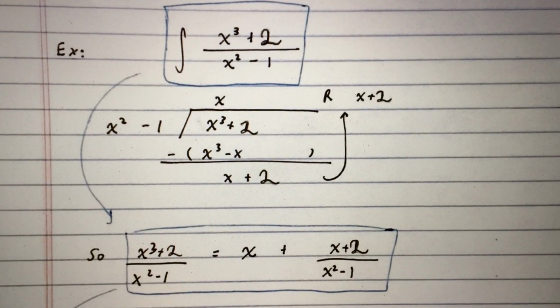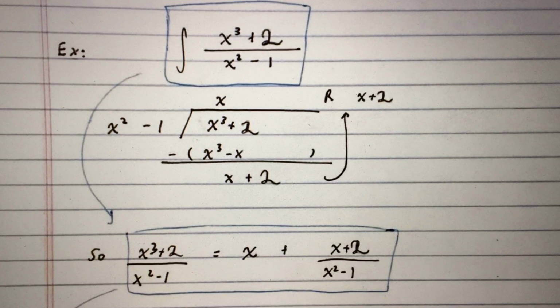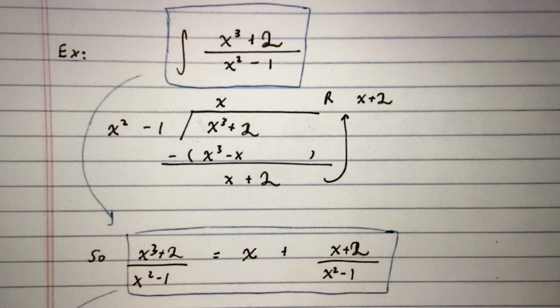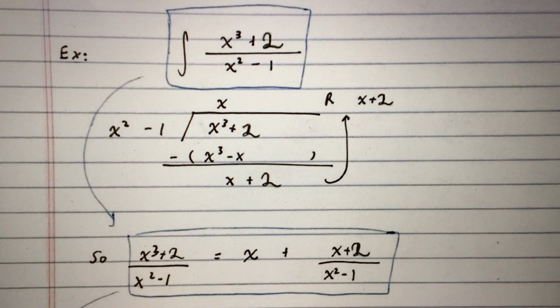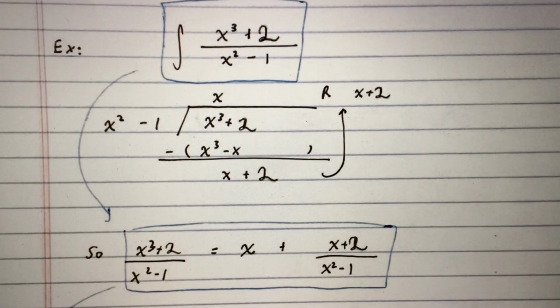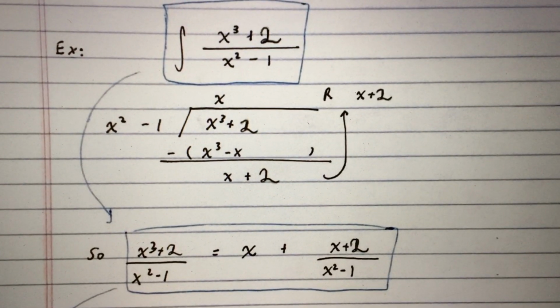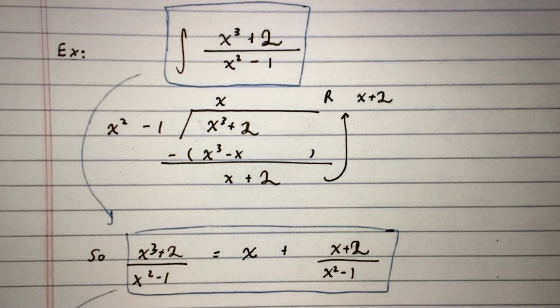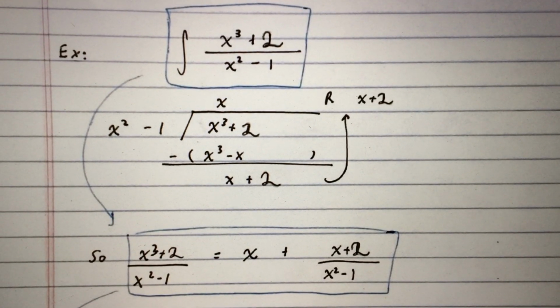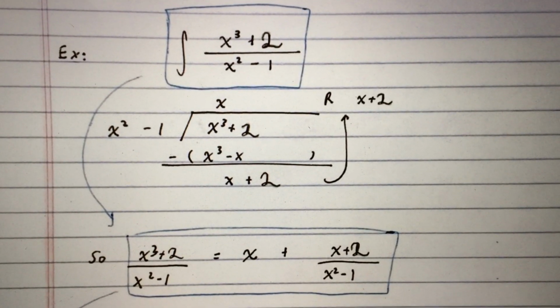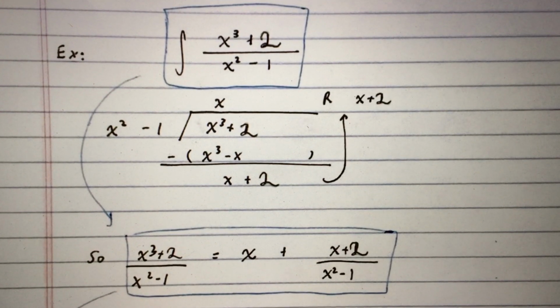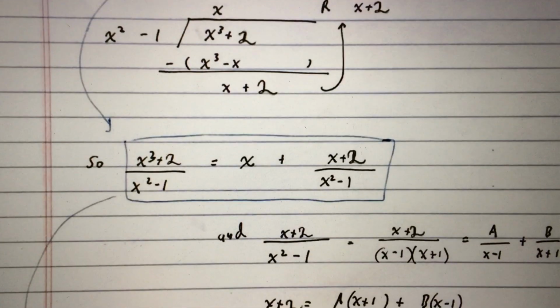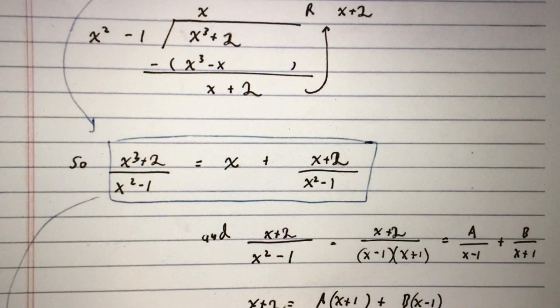So it's equal to x plus the remainder, x plus 2, divided by the original denominator, x squared minus 1. Now I can work it because I can integrate x easily, and then x plus 2 over x squared minus 1 is going to be a partial fraction problem that I can do. So let me go ahead and work that out.